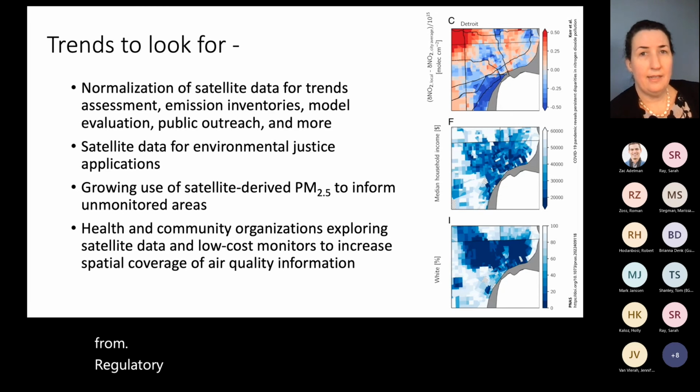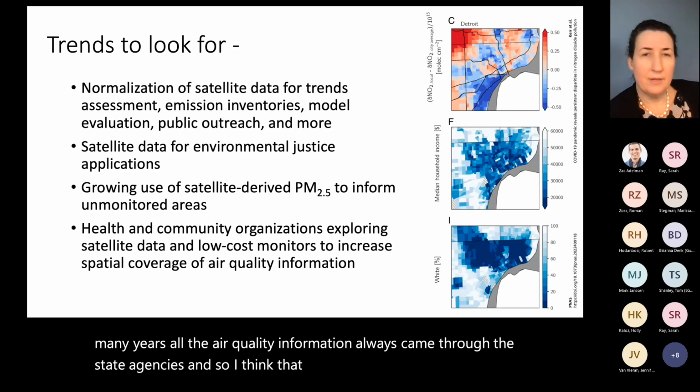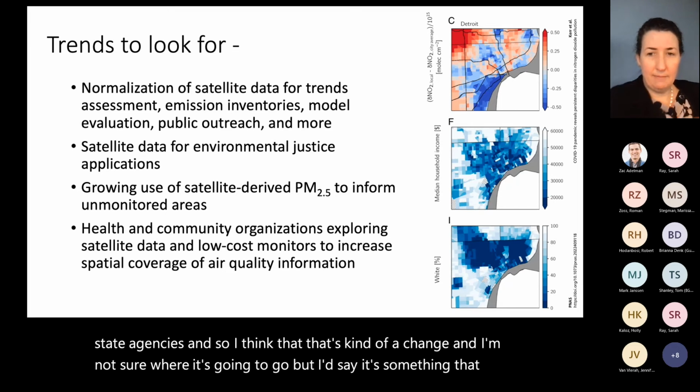I think that's a shift, because for many years, all the air quality information came through the state agencies. I'm not sure where it's going to go, but it seems to be on the horizon.